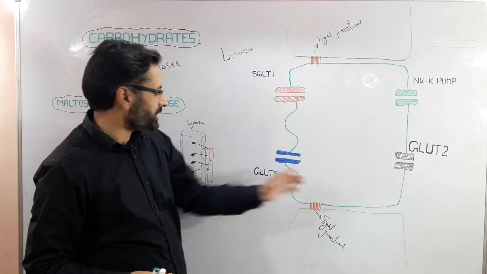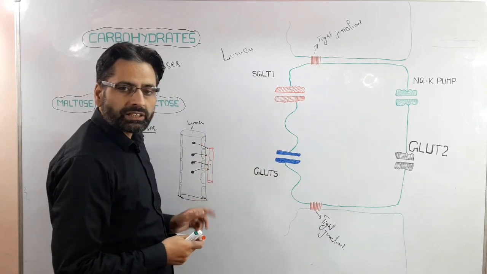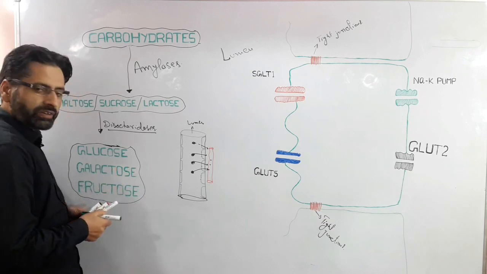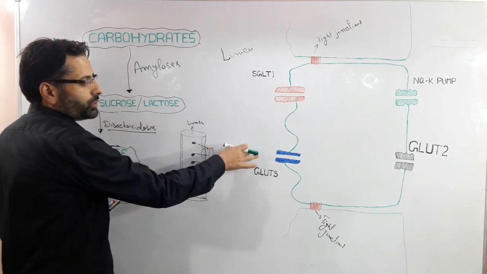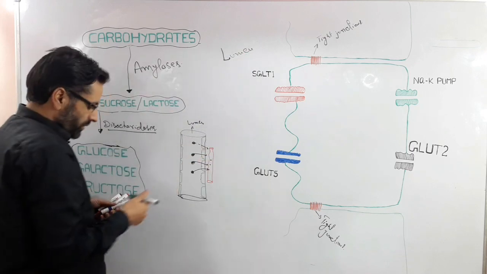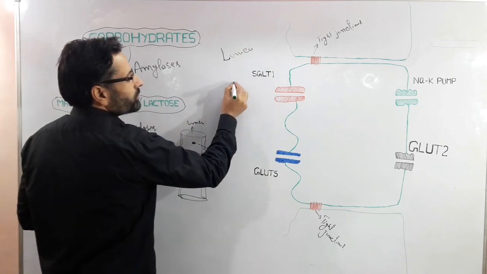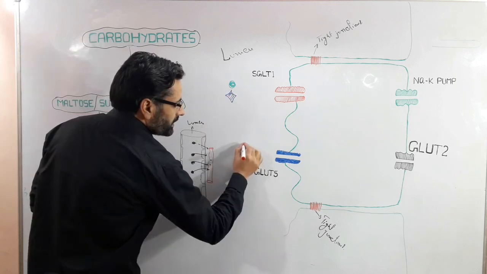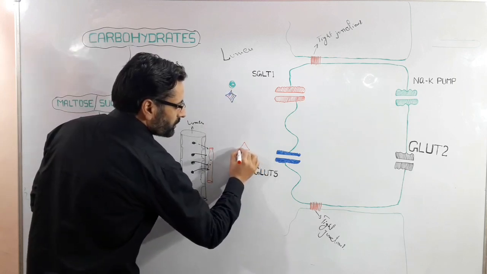These are the cells present on the wall of this intestine, and these 3 monomers, this glucose, galactose and fructose, they are present on this luminal side. Here you have the luminal side of the intestine. For example, this is the glucose molecule, this is the galactose molecule, and present here is the fructose molecule.